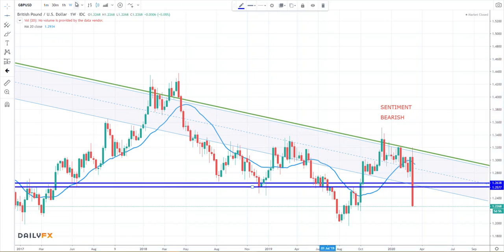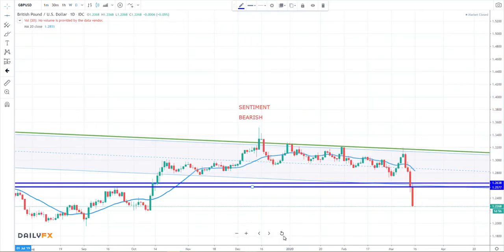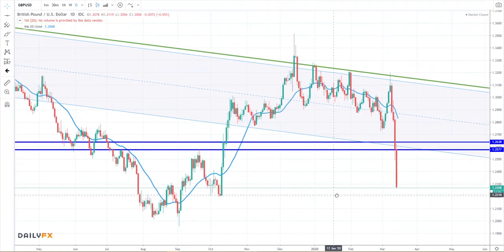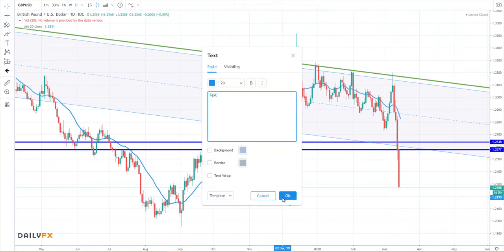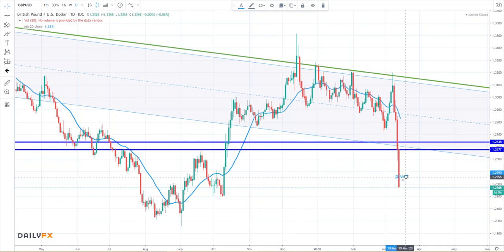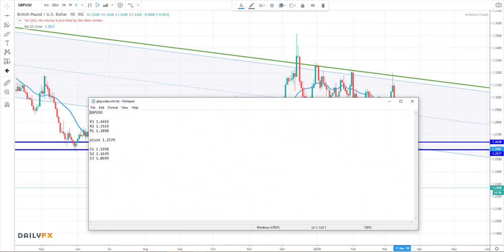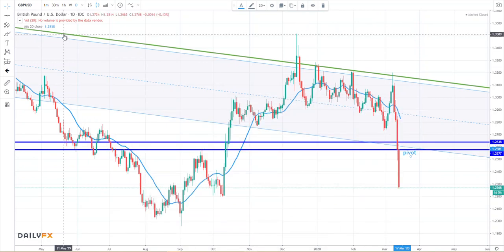Let's zoom into our daily for this. Very big, obviously bearish daily candles there. There's 1.2579. Now let's see, R1 is at 1.2898.